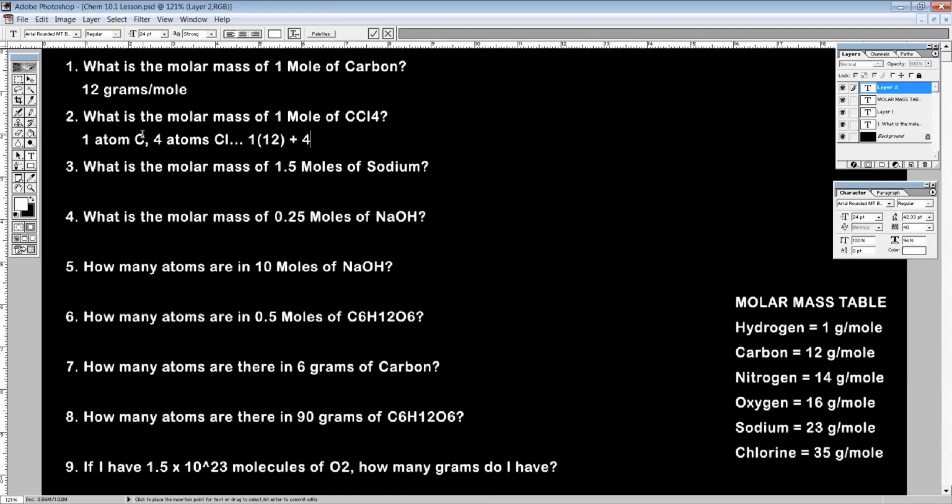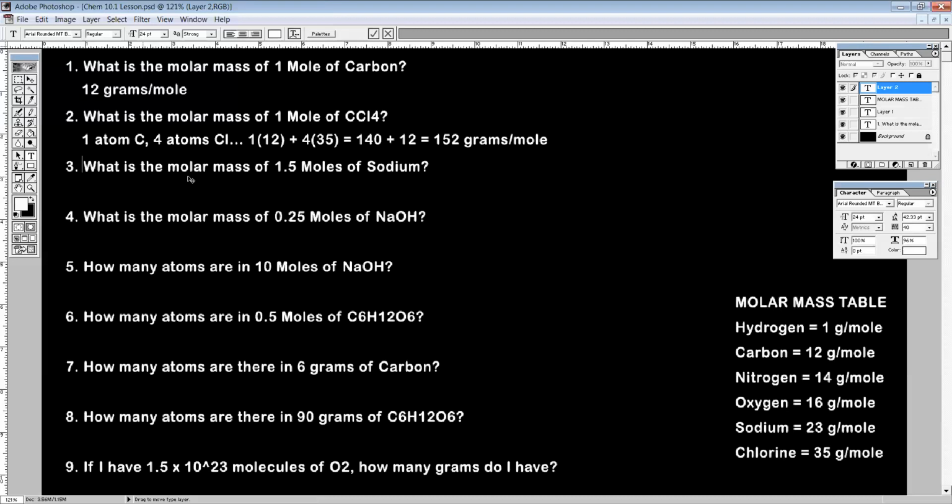And looking over at our chart, we see that chlorine's 35 grams per mole, 4 times 35. And when we do that math, we're going to have 140 plus 12 equaling 152 grams per mole for carbon tetrachloride.